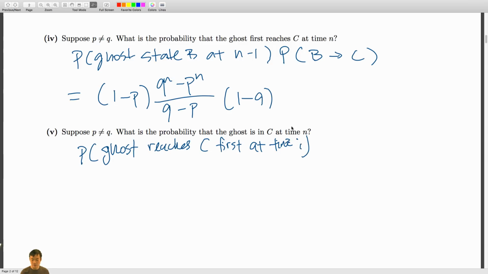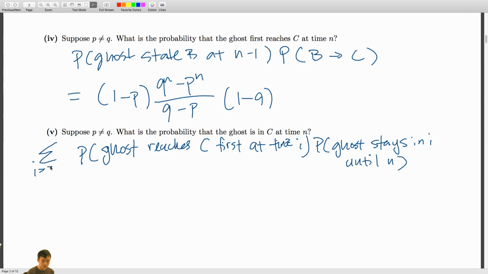And then we know that the ghost is always going to stay in C forever, so the probability that the ghost stays in C is going to be 1. And we want this over all values of i from 2 to n.